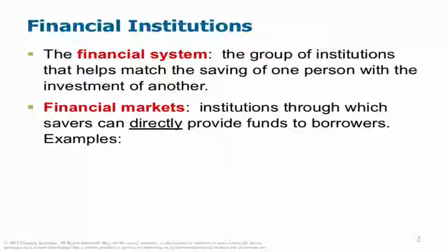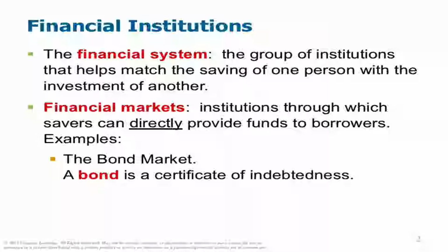Financial markets are where savers give their money to investors directly, not through an institution. The money goes from the saver's pocket to the investor. The bond market would be an example of this.